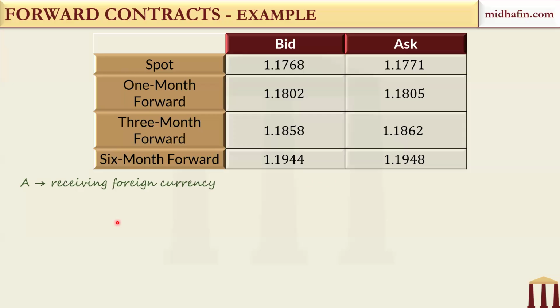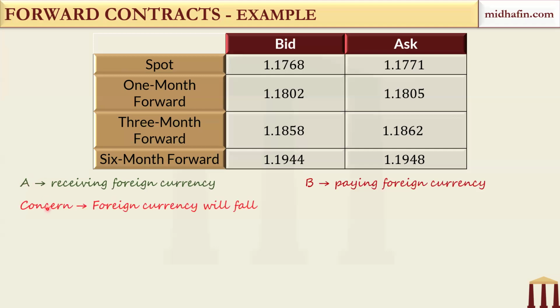There's another investor, B, which is paying foreign currency. So the concern will be opposite. For A, the concern is that foreign currency will fall or depreciate. But for B, the concern is different. If you are taking service from some vendor in the United States, you are based in India, and you have to pay $50,000 after 3 months, your concern will be that the dollar might appreciate with respect to the rupee, so that for every dollar you'll have to pay more rupees.